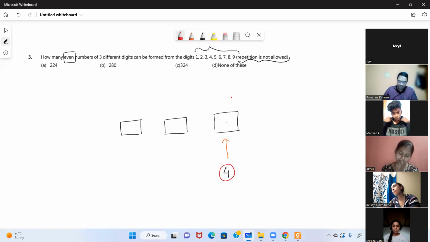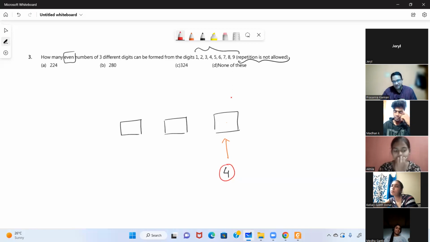Using any one of them, you are going to fill it. Once you have used one of them, how many digits are available for the next place? 8 is correct. 1 to 9 were there, so totally 9 digits were there for you to use.